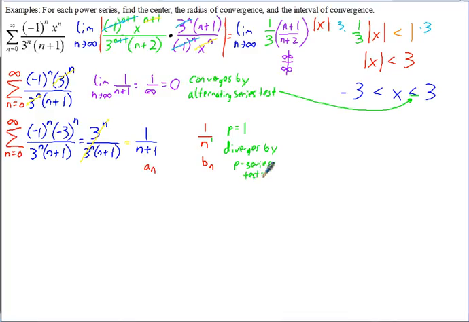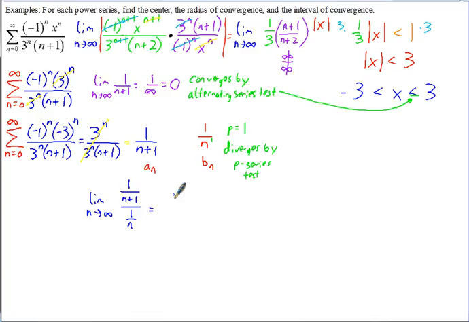And to compare it, all we have to do is find the limit as n approaches infinity of a sub n, 1 over n plus 1, divided by 1 over n. And as long as this is a positive number that's not infinite, then we know it does the same thing as that one.